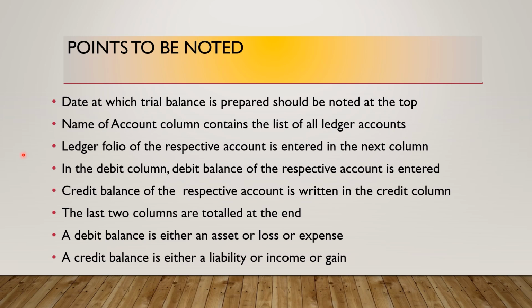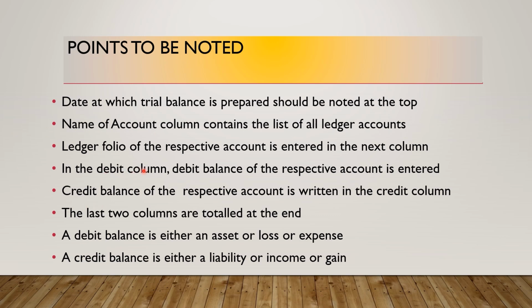So the first step is to specify the date on which we are preparing the trial balance. The name of the account column contains the list of all ledger accounts. Generally all the ledger accounts are included in the statement. If a particular account has zero balance, it may or may not be included. It depends on the method of trial balance that you are following.